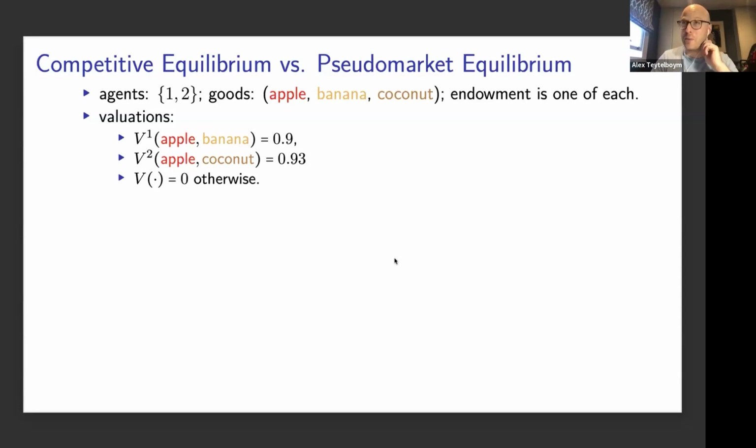And let's not worry about whether or not it's coconut water. They don't want the individual goods. They value them at 0 otherwise. So they're very much complements, the apple and the banana to agent one, and the apple and the coconut to agent two, to set things up in a deliberately nice way to think very easily how to compute a competitive equilibrium in this case. So we can very much follow Ravi's nice logic of this.